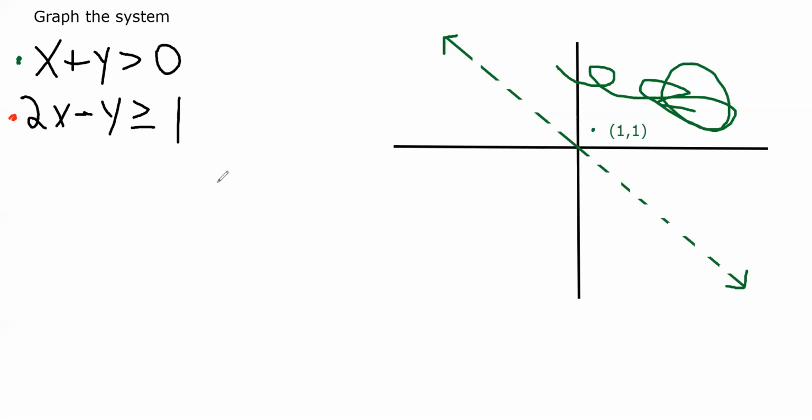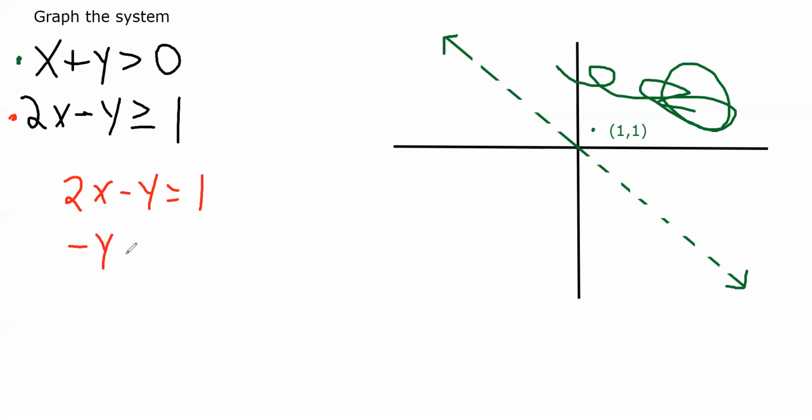I'm going to use red for it. And there's a couple things we can do. We could use intercepts, it just depends on your fancy, or we can graph it using y equals mx plus b form. Let's try it that way.